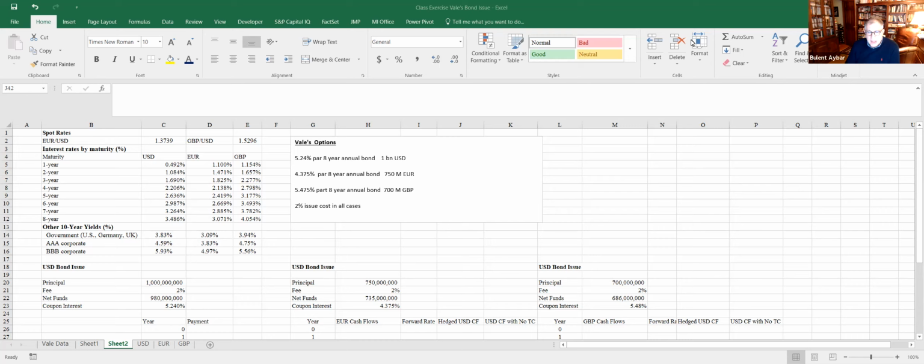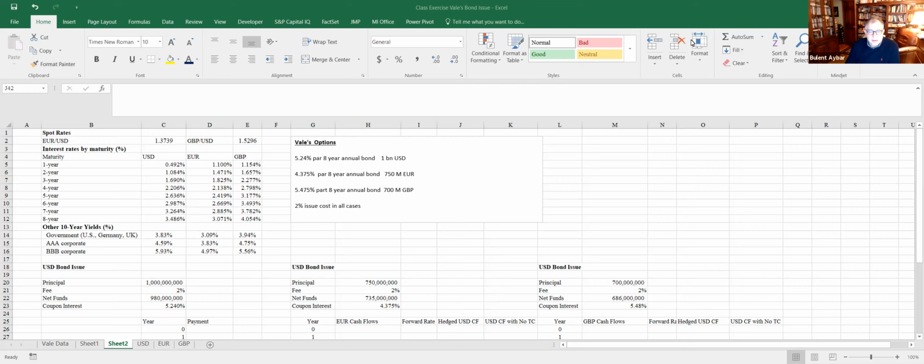Again, 8 years maturity, 700 million British pound face value. The bond can be issued at 5.475% coupon. Again, in the pound segment, the required rate of return is apparently 5.475, so that the bond can be issued at par. In all of these cases, the company faces a 2% issue cost.